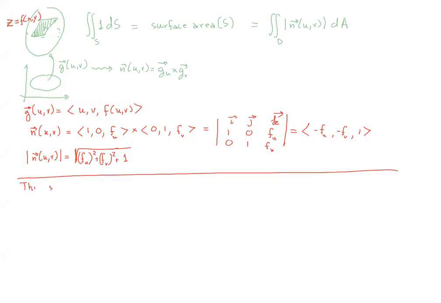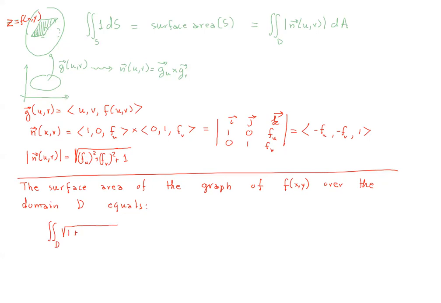The surface area of the graph of f of x, y over the domain D equals the double integral over D of the square root of 1 plus f sub x squared plus f sub y squared dA.